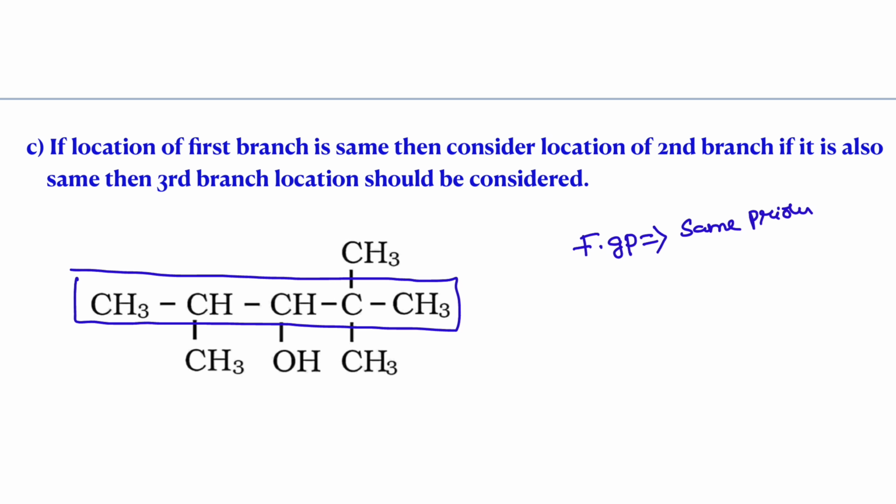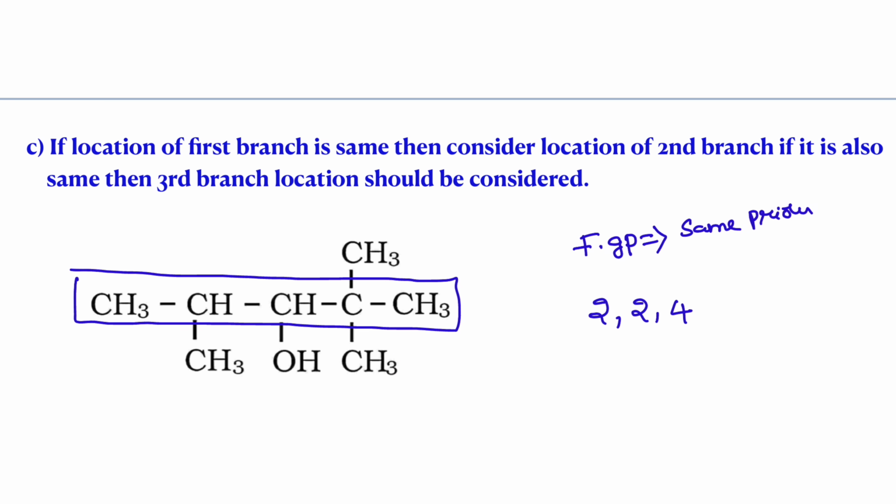So whenever the functional group is receiving the same priority, then we have to consider the substituents. The substituents here, methyl group we have, methyl group we have, methyl group we have. If you give numbering from the right side 1, 2, 3, 4, this is at a second position, this is at a second position, this is at a fourth position, that means it will be like 2, 2, 4.